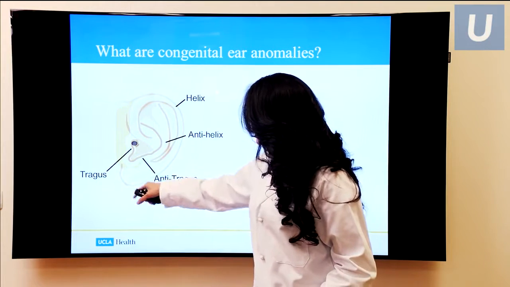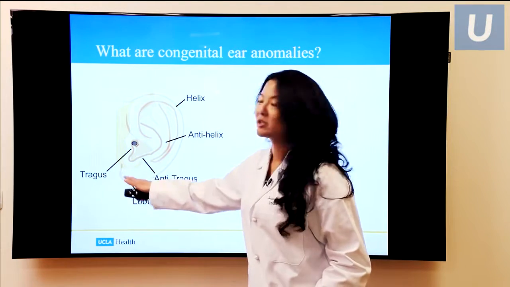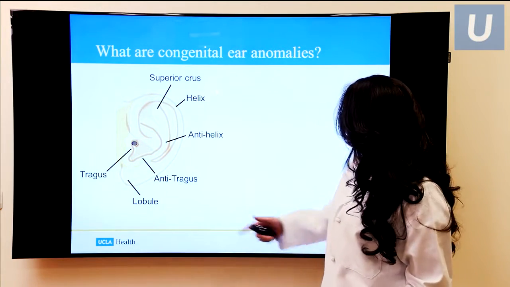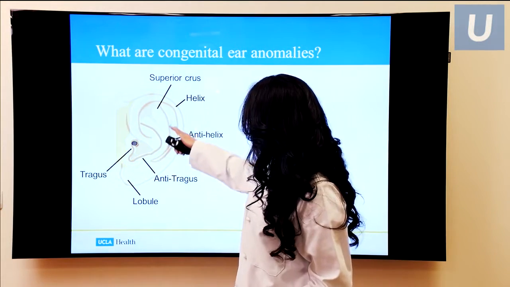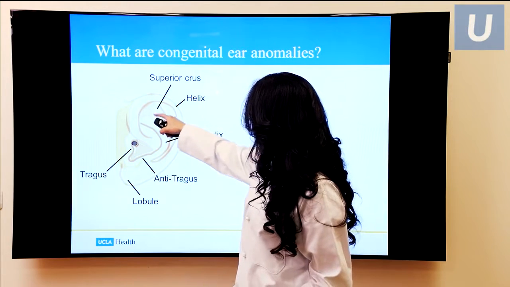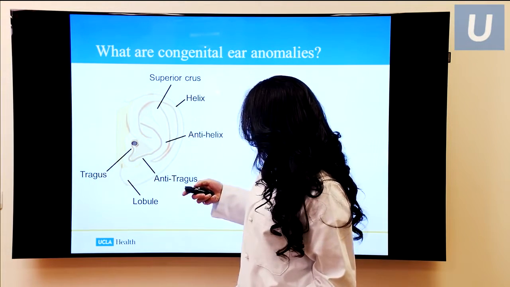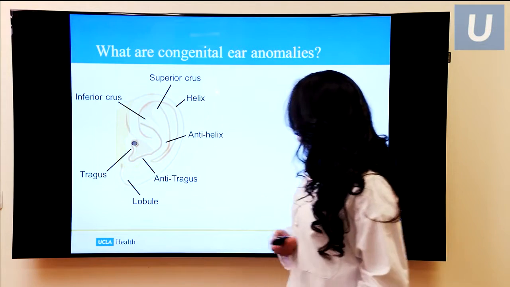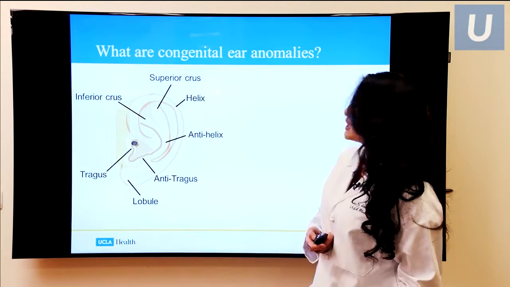The lobule here, which is where most people wear their earrings, or most little girls wear earrings. The superior crus, this is on the top of the antihelix where we see a protrusion, and its sister, the inferior crus, making a V-shaped contour here.